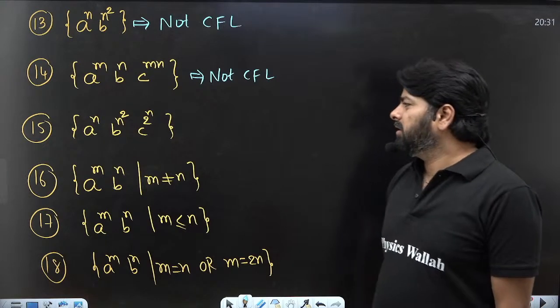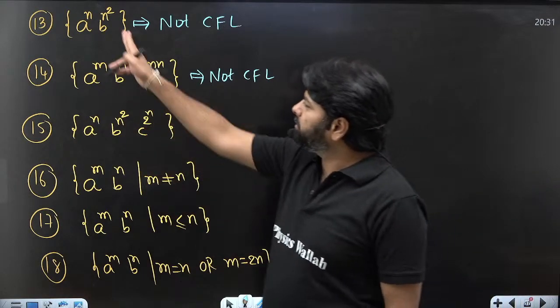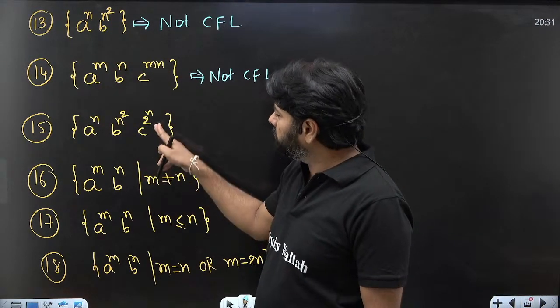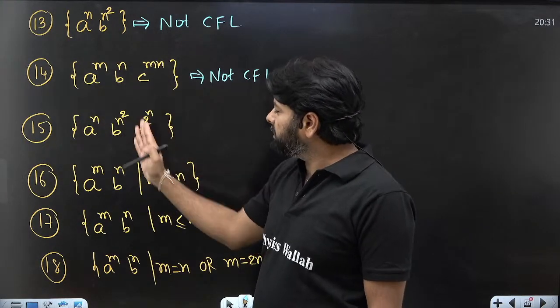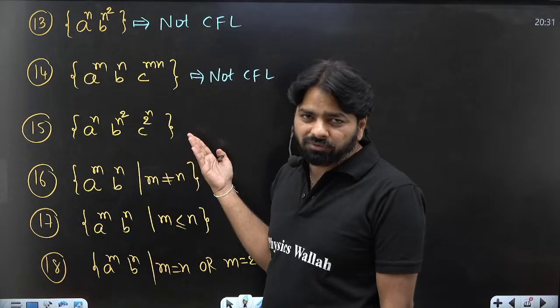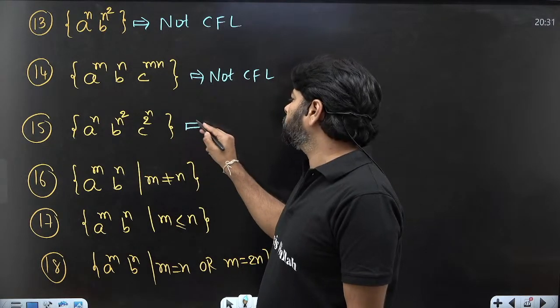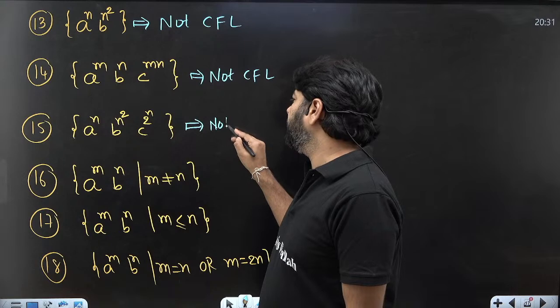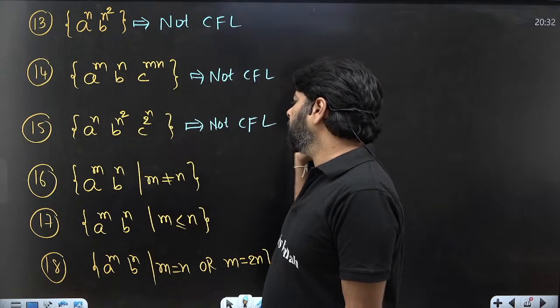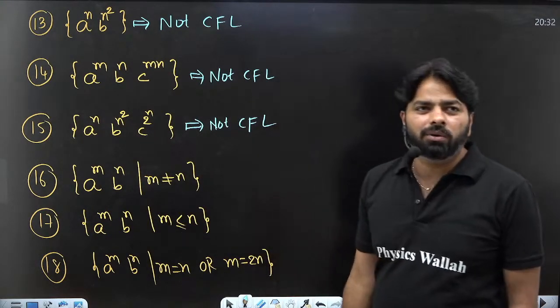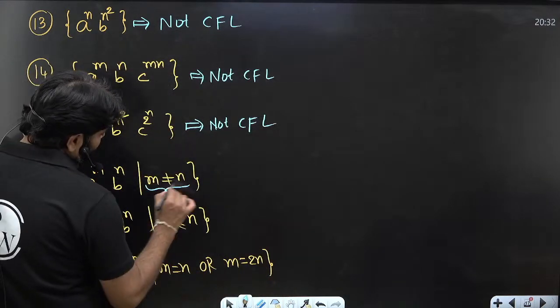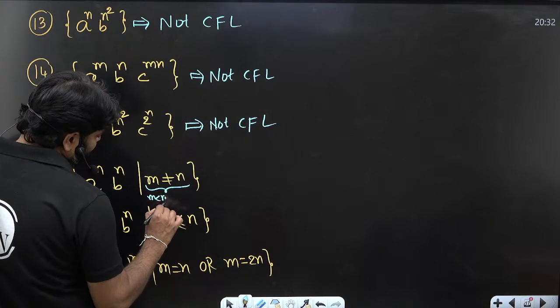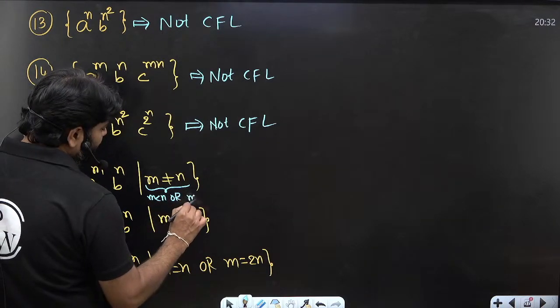Now 15, the same concept here. Already n square I was not able to do, then 2 power n is obviously not possible; even when you take one symbol you don't understand 2 power n with the help of the stack. So this is also not CFL, the best answer. But this one, m not equal to n, it means it is m less than n or m greater than n.